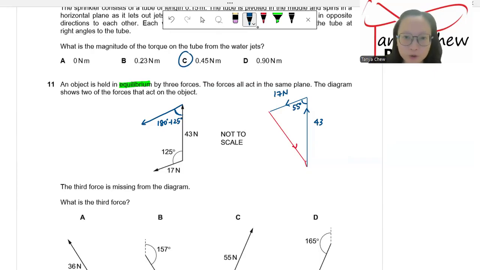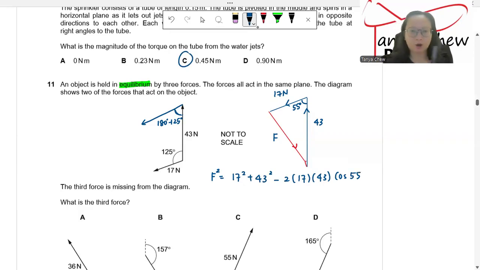So I will put this as the third force F. F squared is equal to 17 squared plus 43 squared minus 2 times 17 times 43 times cos 55.